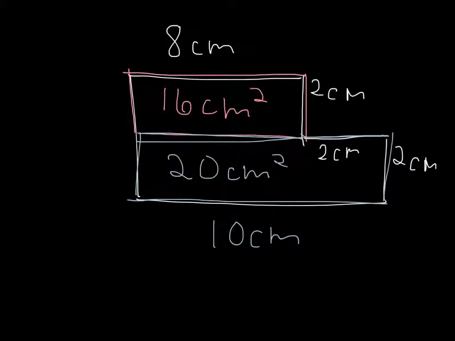And if we added those together, 20 and 16, we would get 36 square centimeters, which is, we can see that they're both right because that's the exact same answer we got before. This is still the same figure, and it's still 36 square centimeters. There's actually another way we can do it that's not deconstructing, but it's actually going to add to the rectangle. So let's take a look at that next.